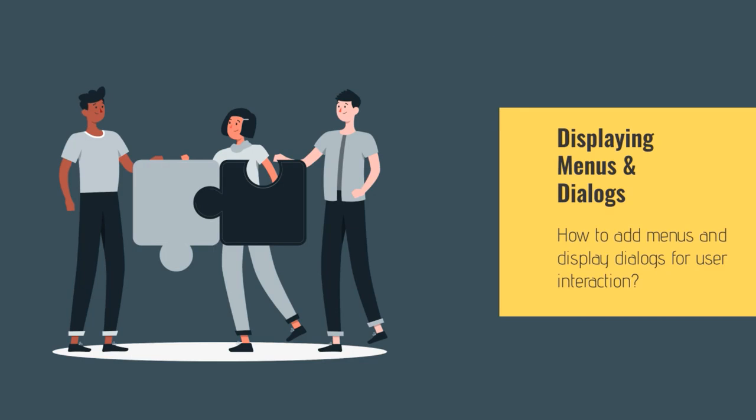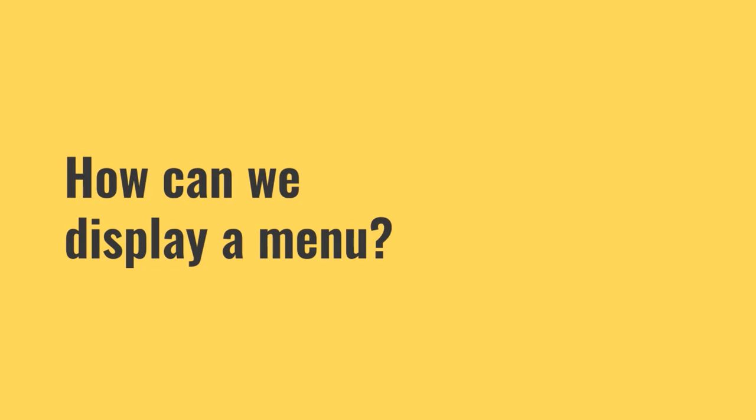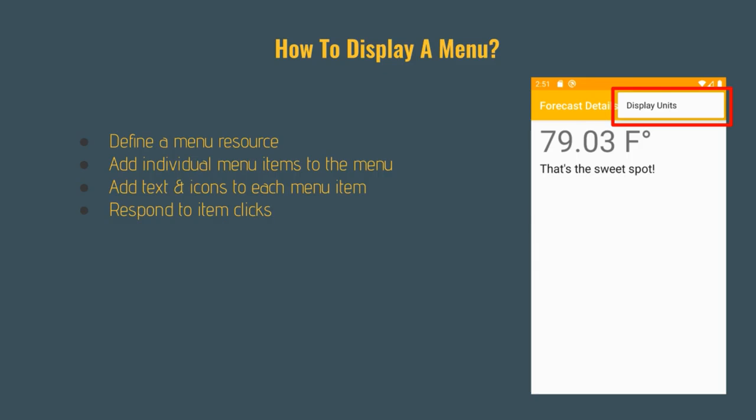Now let's talk about how to display menus and dialogues within our activities. To display a menu, we'll make use of a menu resource. Within that menu resource, we can add individual menu items. Those items are what ultimately get displayed on the screen, like in the screenshot here.